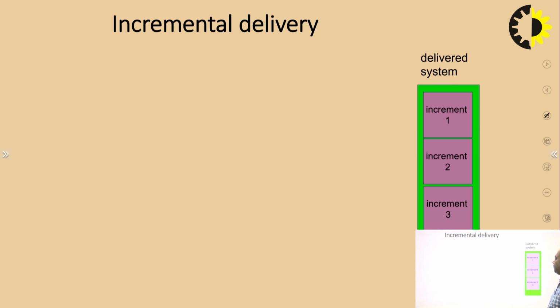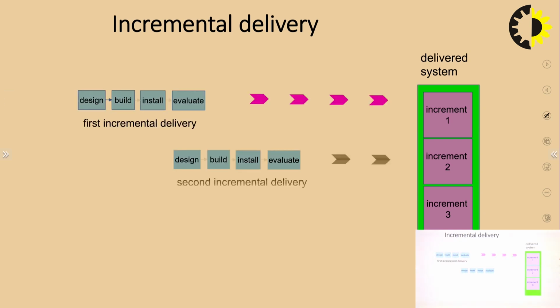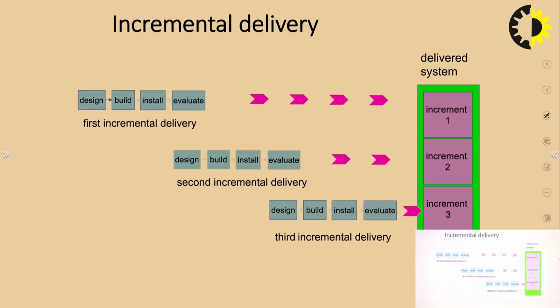So, after prototyping we do the incremental model. The incremental model is based on three phases, the first being the increment model, in which we design, build, install and evaluate. In all three we do the same thing, but there is a difference.